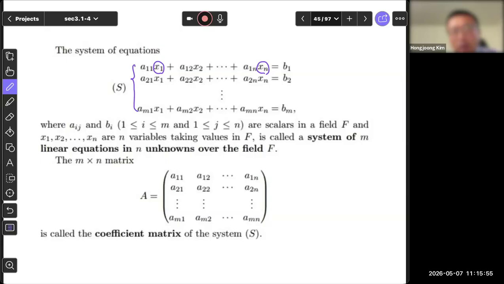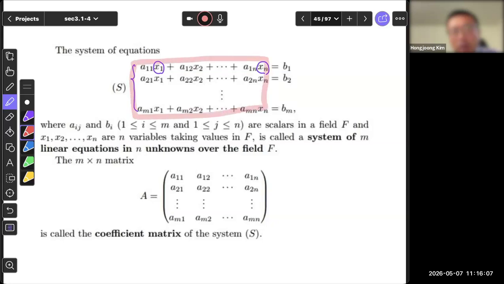So given this system of m equations, if you just extract the coefficients appearing on the left hand side, that is, the coefficients of x1 up to xn, then you will get a matrix A. Such A will be called the coefficient matrix.